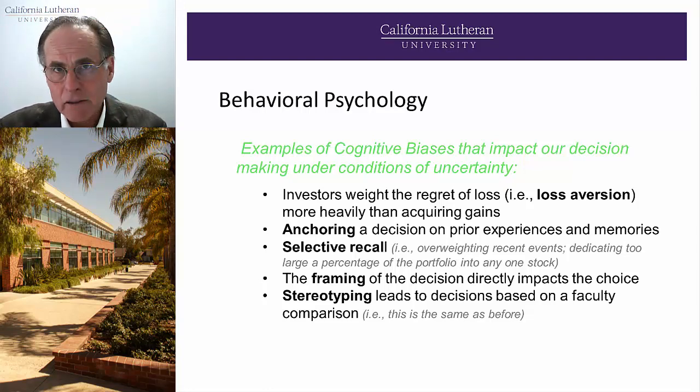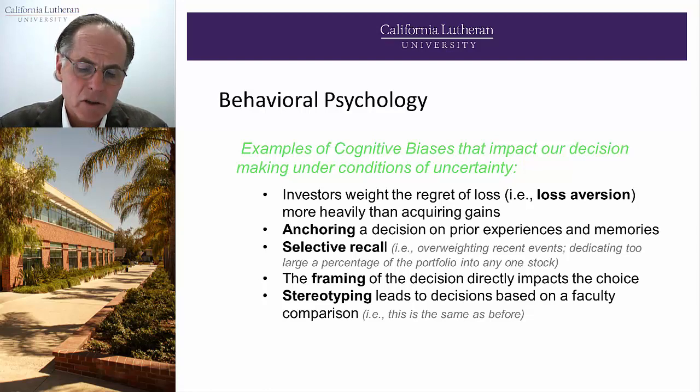Examples of cognitive biases that strongly influence our decision-making under conditions of uncertainty include loss aversion. This is where investors tend to weight the regret of a dollar loss more heavily than the potential of a dollar gain. Anchoring a decision on a prior experience, a memory, or a cue.